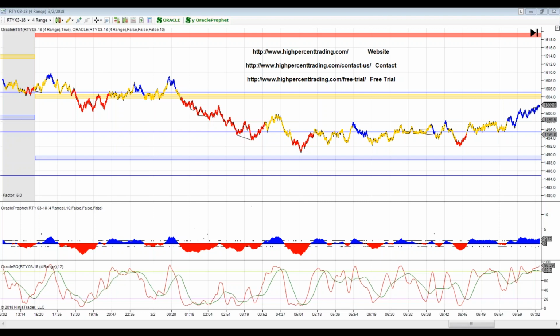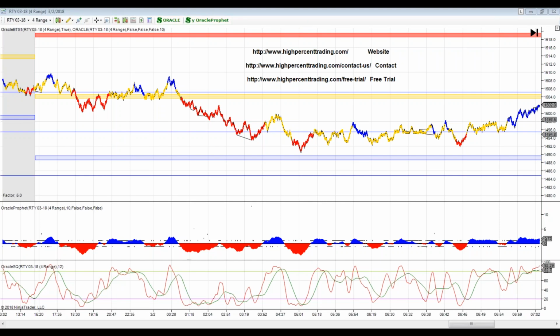This short video is going to show you the proper way to analyze and trade the manual setups using the Oracle indicator. A lot of you use the auto trader in combination with the manual setups, and the manual setups are very powerful.